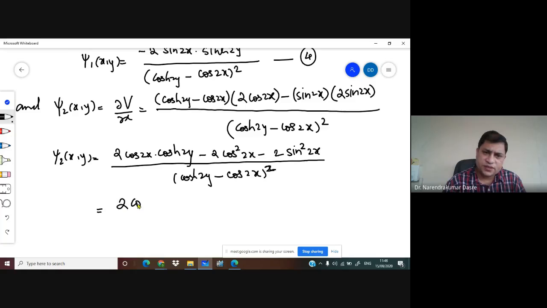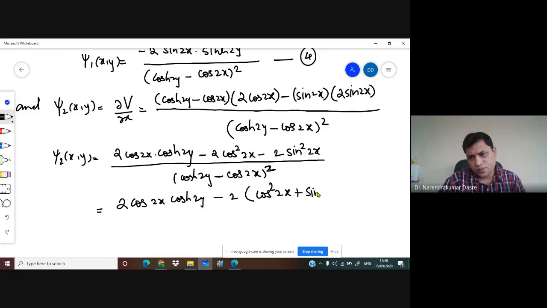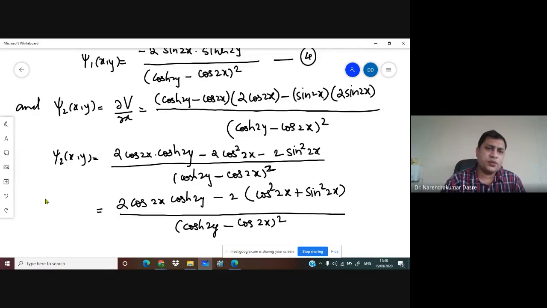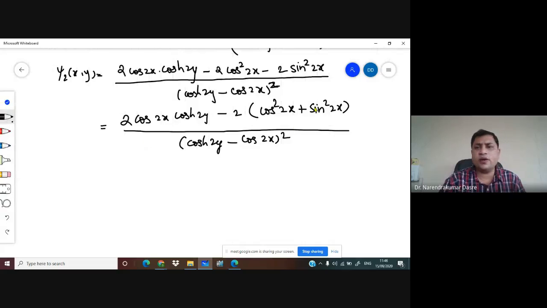Simplifying this, 2 cos of 2x cos hyperbolic 2y minus 2, taking common, cos square 2x plus sine square 2x, upon cos hyperbolic 2y minus cos of 2x bracket square. Now this term is going to be 1.